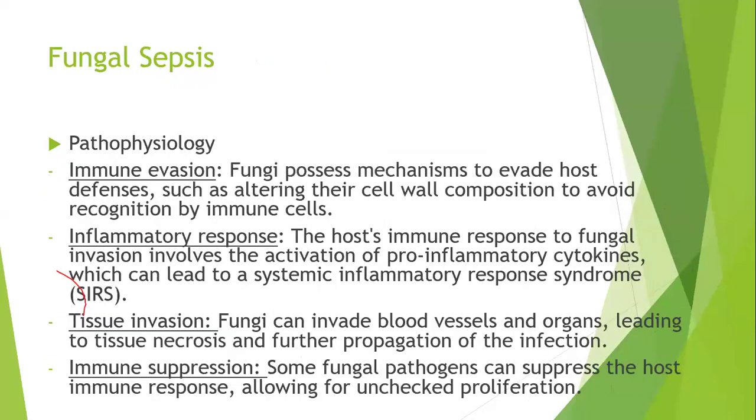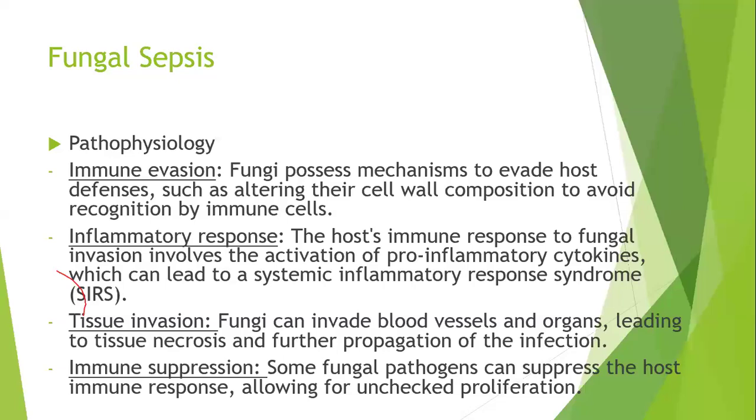Fungal sepsis is difficult because fungi have a way of evading the immune system. All right, they evade the immune system so the immune system cannot recognize them, and they go into the bloodstream and cause sepsis or candidemia, as the case may be. They can also elicit an immune response from the host with activation of pro-inflammatory cytokines, interleukin-1, interleukin-6, and tumor necrosis factor alpha.